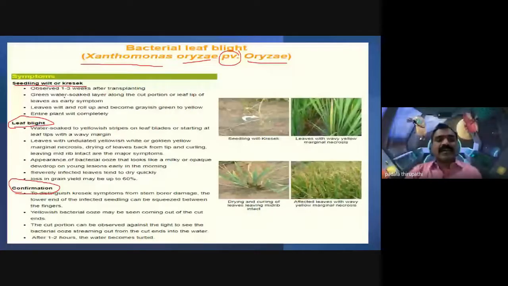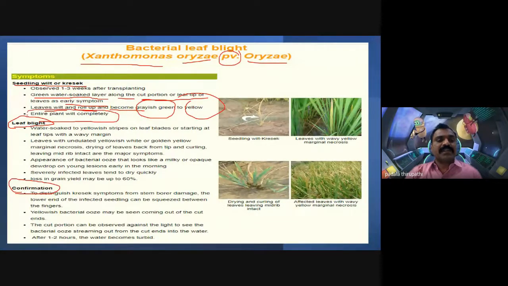Then a green, water-soaked layer along the cut portion of the leaf tip appears as an early symptom on the surface of the leaves. The leaves then wilt and roll up and become grayish green to yellow in color. Afterwards, the entire plant wilts completely.